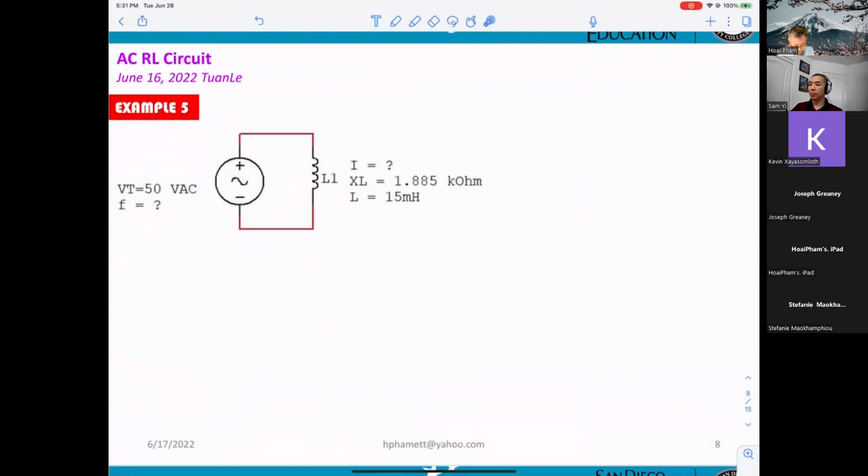On this one, they gave a total voltage of 50 volt AC, XL equal to 1.885 kilo ohm, and L of 15 millihenry. The question is they want to calculate the F, and also they want to know the I.